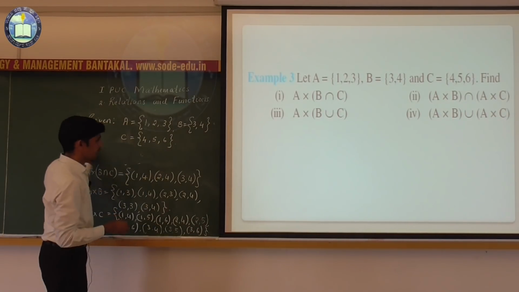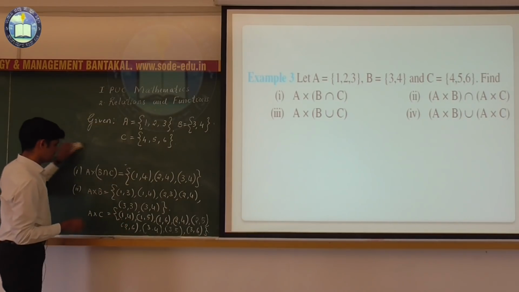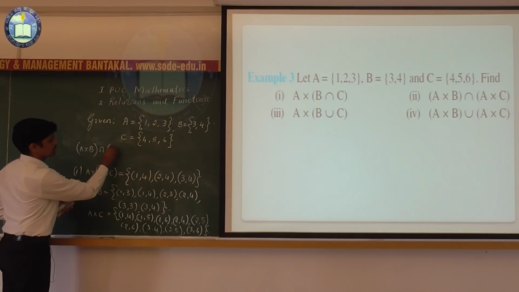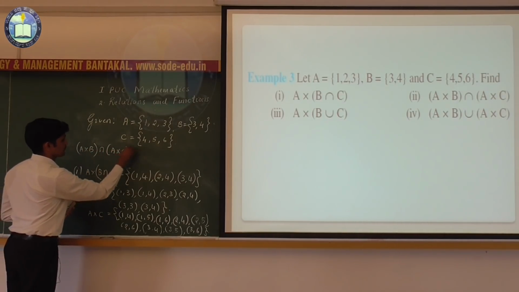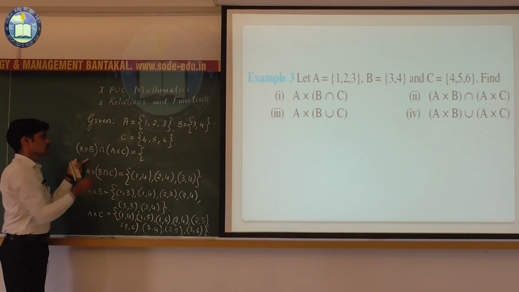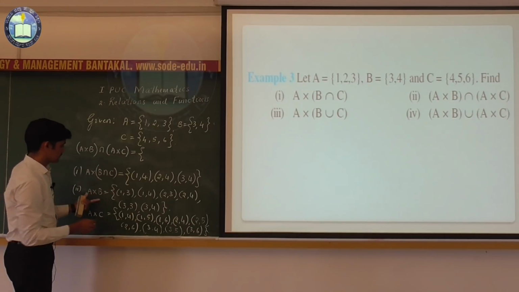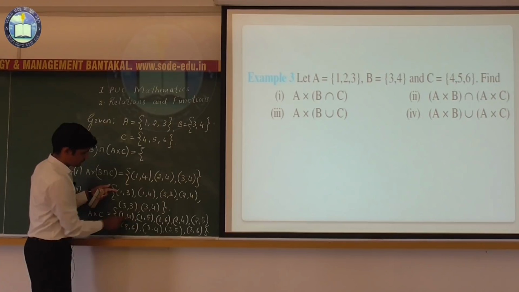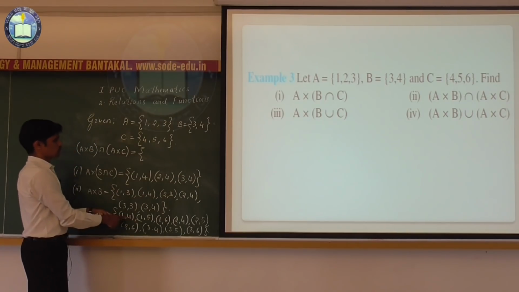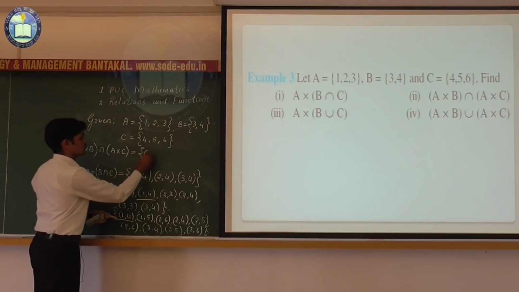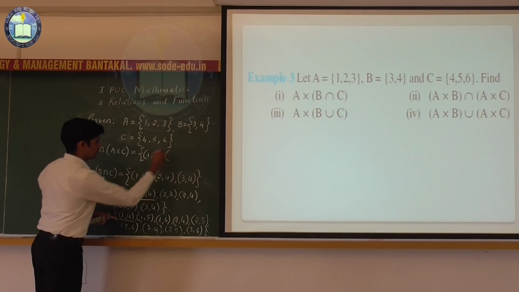Next, if we find (A cross B) intersection (A cross C), it contains the common elements belonging to set A cross B and set A cross C. The common elements here: (1,3), no, (1,4) is the common element among those two sets. So this is one element here, (1,4).